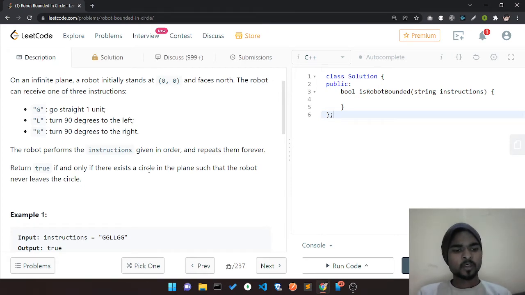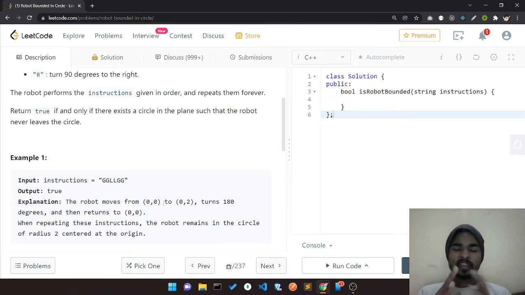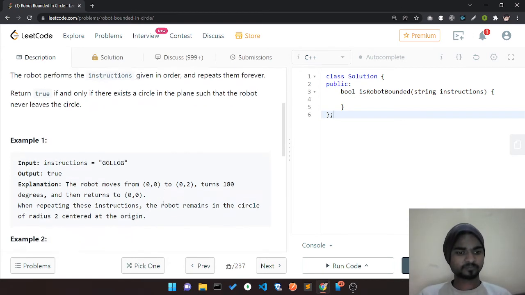So we are given an instruction, and we execute it again and again. If the robot travels in a circle, we return true. If it's not a circle, then I'll just return false in that case.